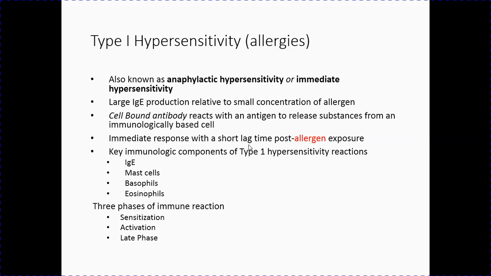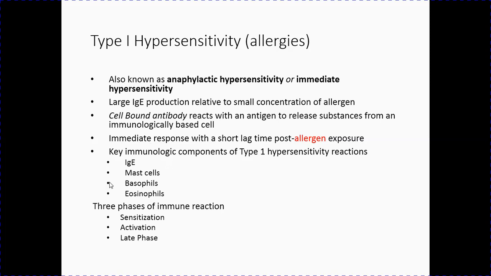That short lag time after the host was exposed to an allergen is a hallmark of type 1 hypersensitivity. Remember, we said it was an immediate response, right? So it's got a short lag time for that reaction of antigen-antibody binding.